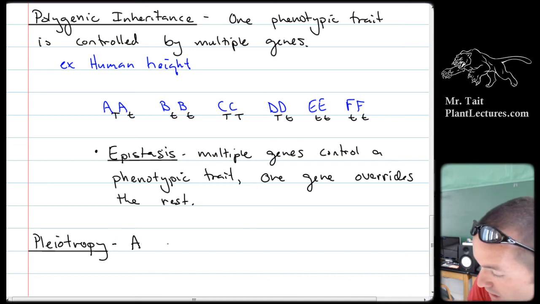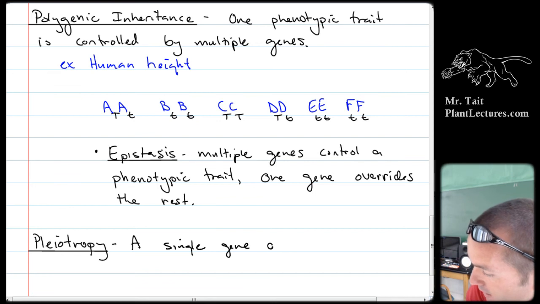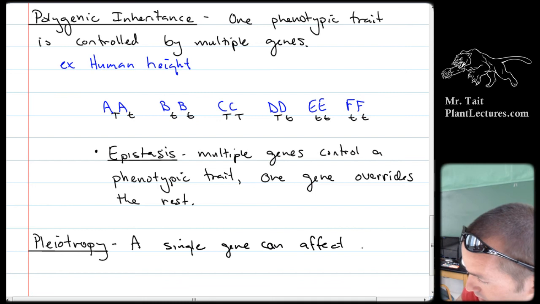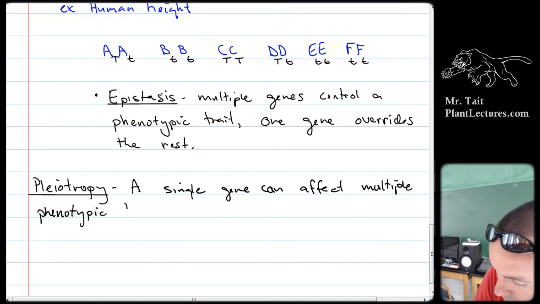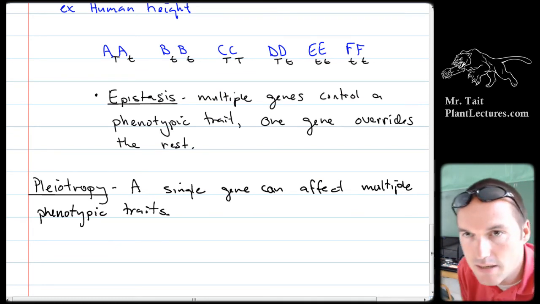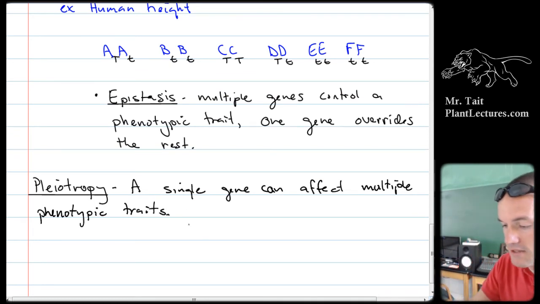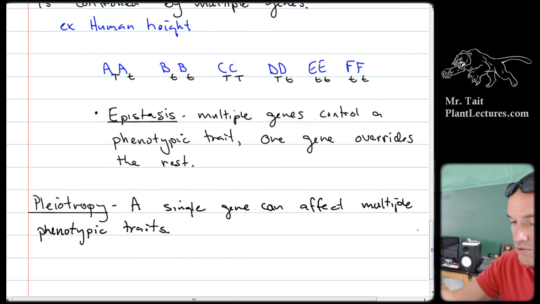So a single gene can affect multiple phenotypic traits. You can see this is exactly the opposite of polygenic inheritance, right? Polygenic is multiple genes. This is multiple traits by one gene.